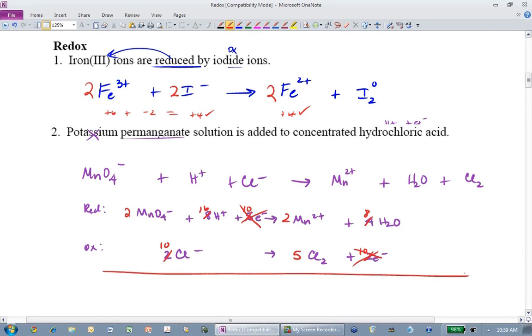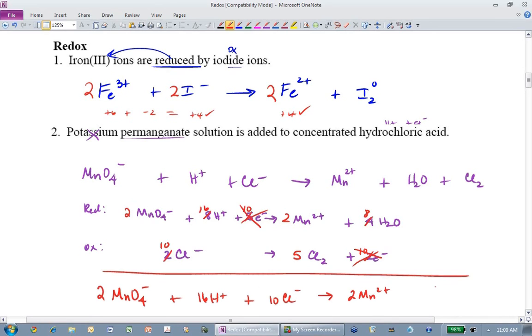Add this puppy together. Can you reduce anything else off of here? Always look for waters. Crap. Don't have any on the bottom. Always look for H+. Crap. Don't have any. So we are stuck with this big hairy mess of a final reaction. This is why we don't do many of these anymore. In question 4, this could be a great multiple choice question though. 2MnO4- plus 16H+ plus 10Cl- yields 2Mn2+.